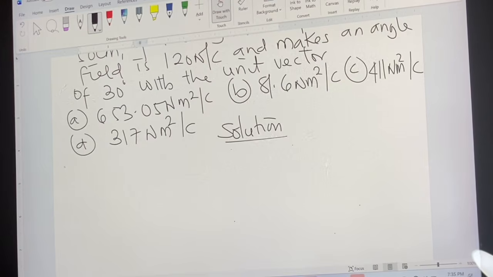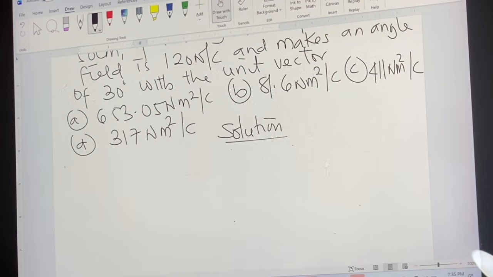When we are asked to find or solve any equation related to electric flux, we apply Gauss law.